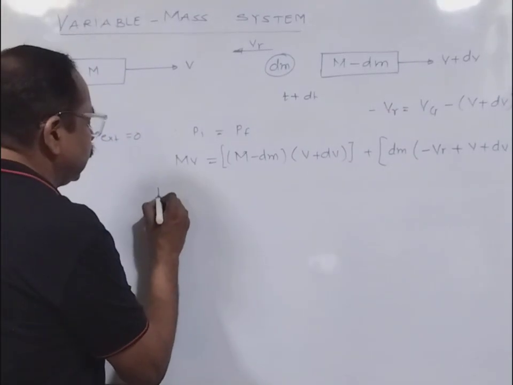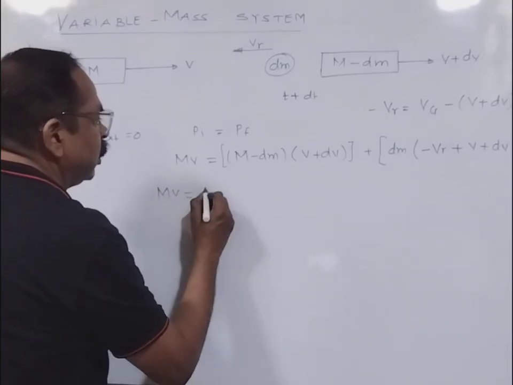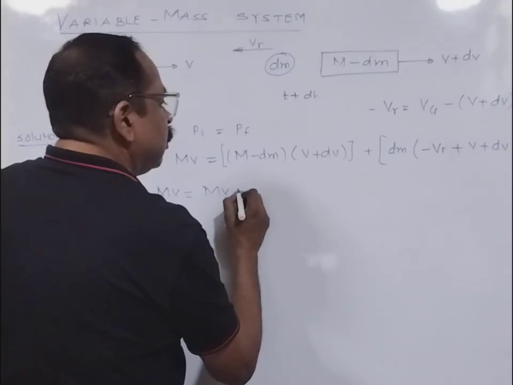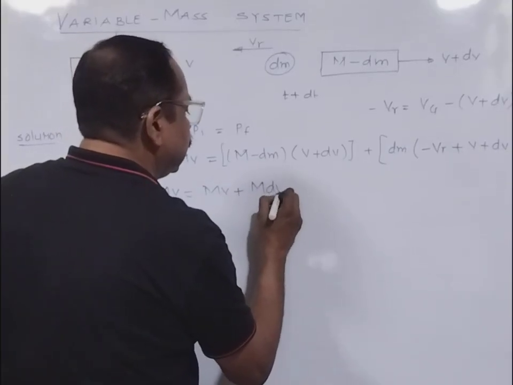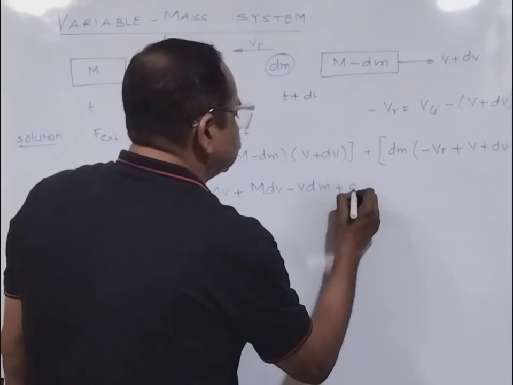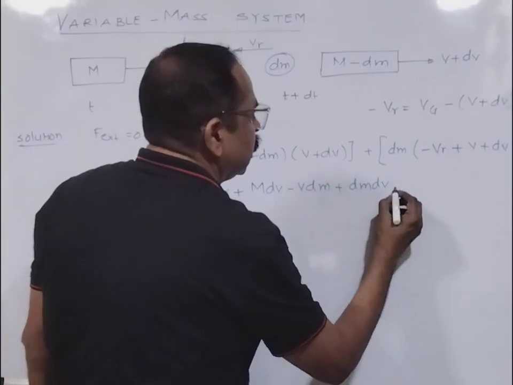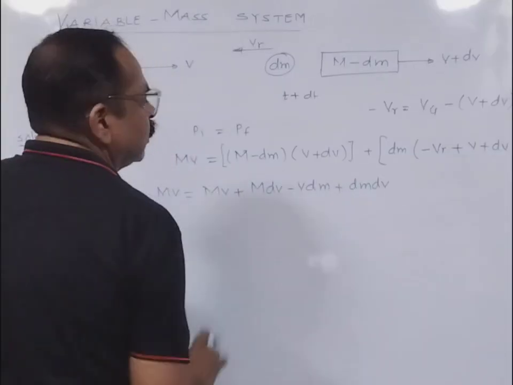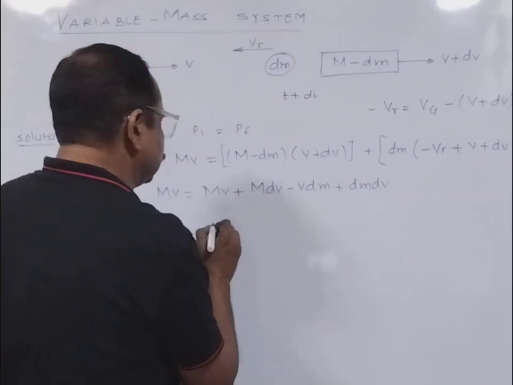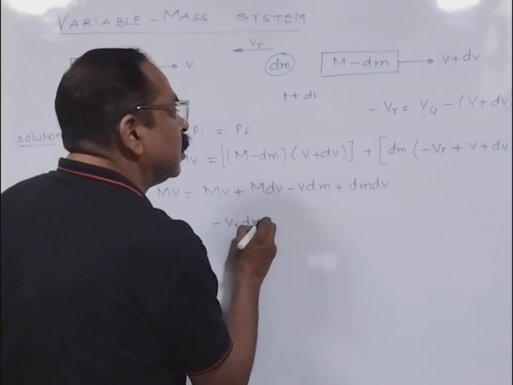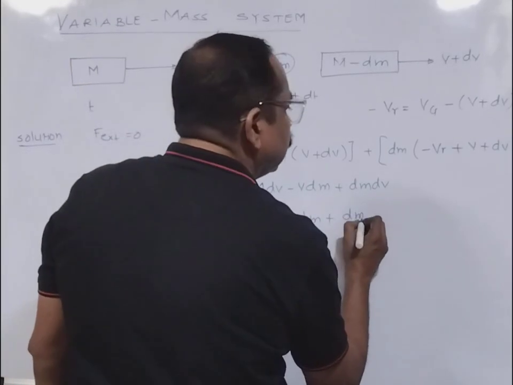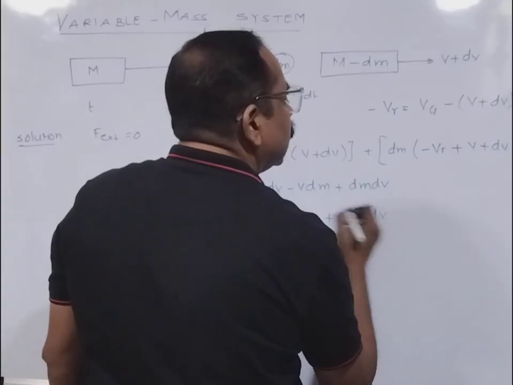Therefore, simplifying, we get mv is equal to mv plus m dv minus v dm plus dm dv. This is the first bracket. I will write the second bracket down so that you will not get confused: minus Vr dm plus v dm plus dm dv.